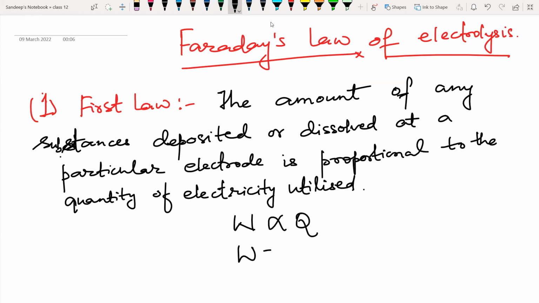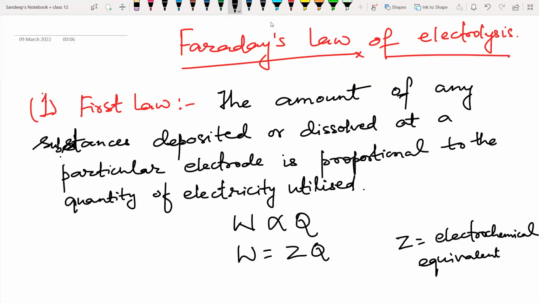So W is equal to ZQ, where Z is called the electrochemical equivalent of a substance. And Z is equal to equivalent weight per unit Faraday.